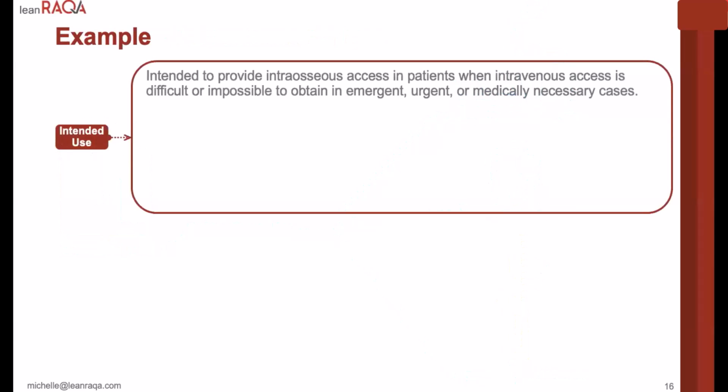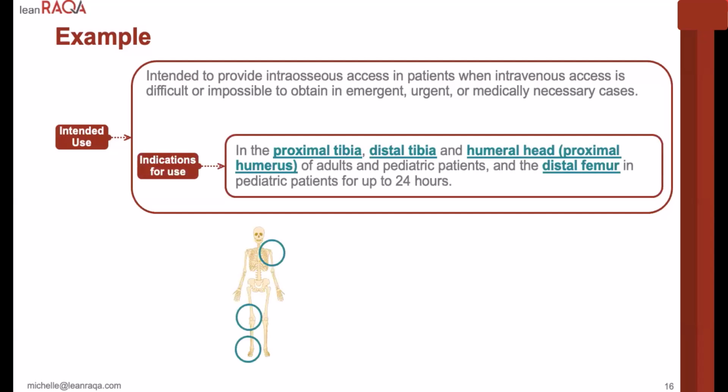So let's look at an example of an intended use statement. This product is intended to provide intraosseous access in patients when intravenous access is difficult or impossible to obtain in emergent, urgent, or medically necessary cases. Let's look at the subset of indications for use that fall within that.